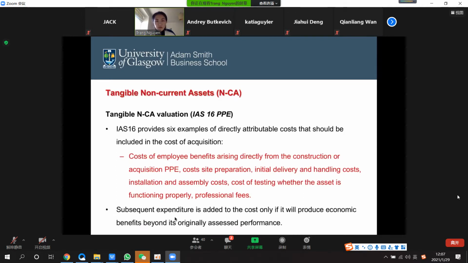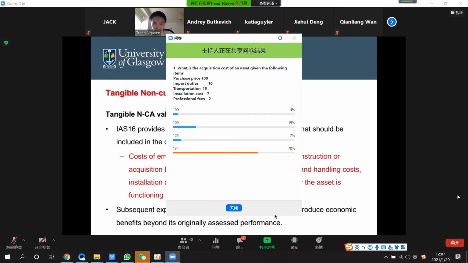In general, some of you did it quite quickly, and I will end the poll now. So 70% of you chose 134. The next is 109, worth 19%, and then 1 with 100 and 2 with 125.